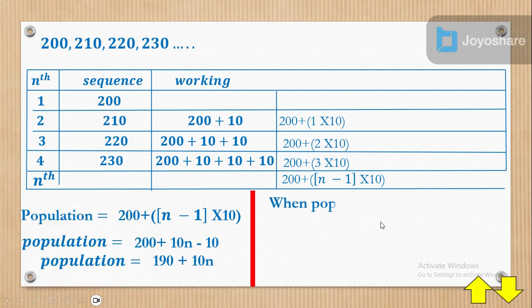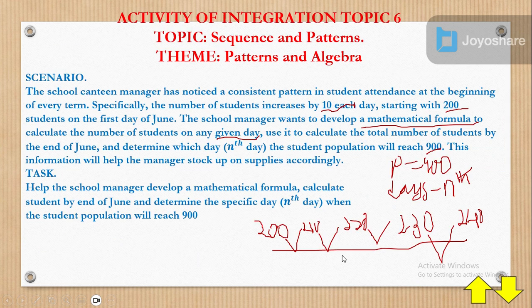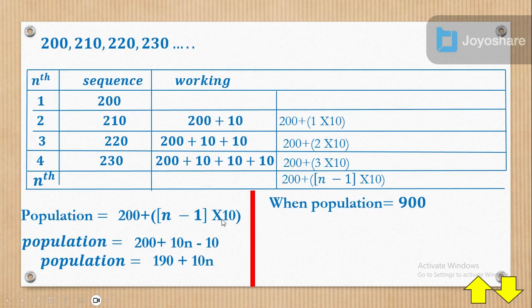So you're saying that when the population is equal to 900. Why this? Because somewhere in the question they said, determine on which day the student population will reach 900. n stands for days.